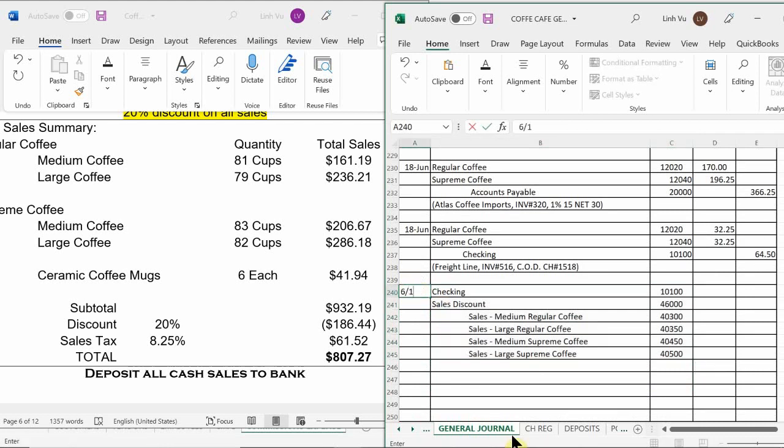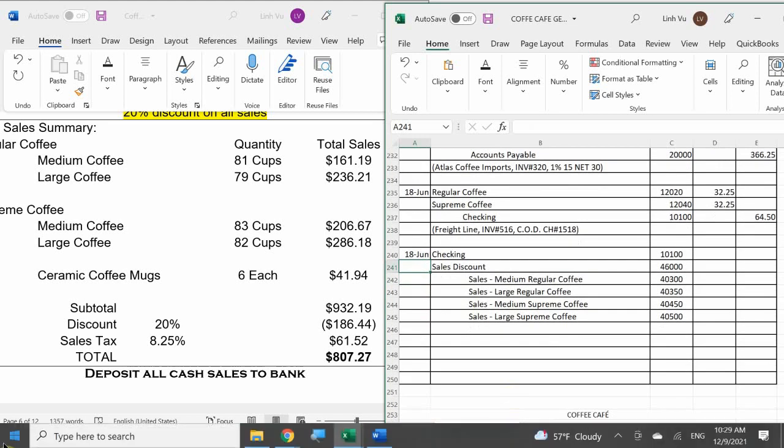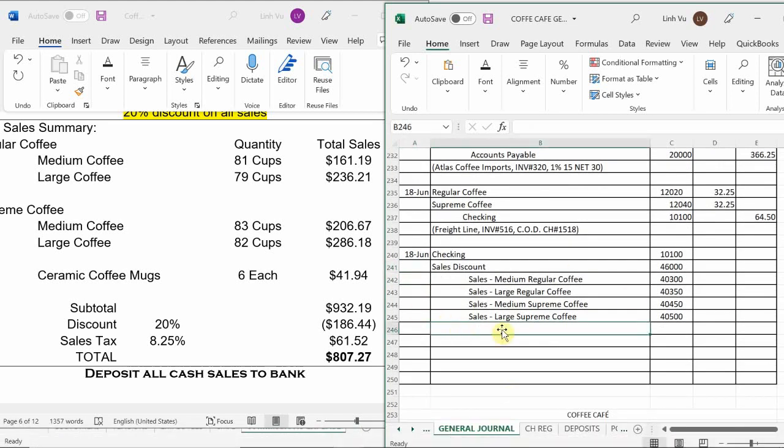So this is for 6/18. Okay, for 6/18. But the only difference here is I have to include another account for the sales of the ceramic coffee mugs, right?